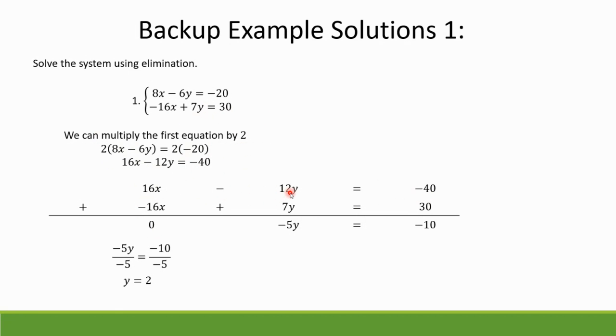Here we have negative 12y plus 7y, that becomes negative 5y. Adding these two, we get negative 10. So we want to get y. We have negative 5y is negative 10. We divide both sides by negative 5 to get 2. So y equals 2.